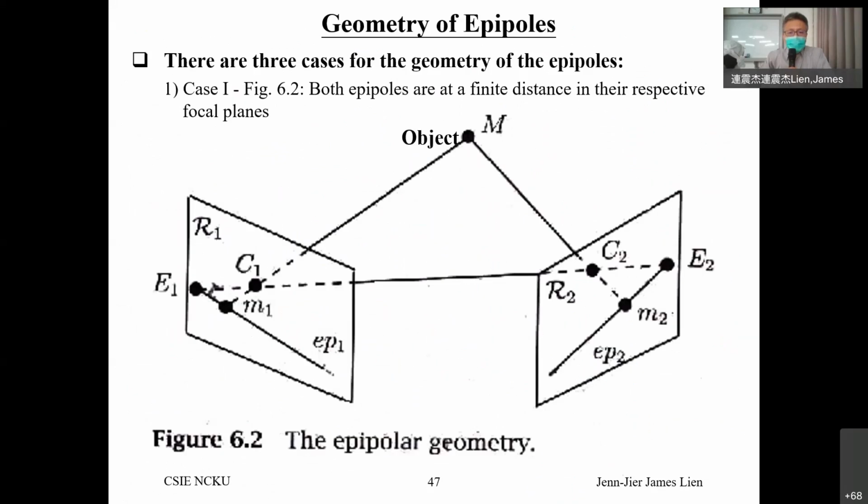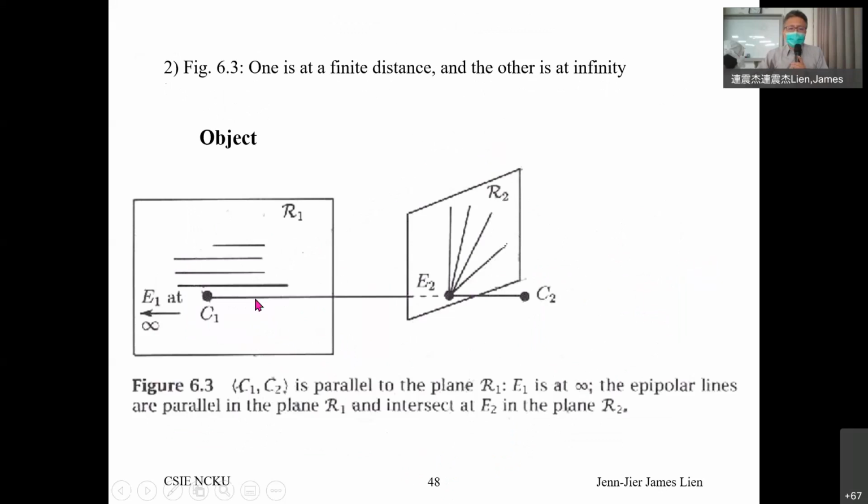This is page 47. One case is that the two cameras are not parallel to each other. The second case is that one is parallel to what you want to see, and the other is at a little bit of an angle.